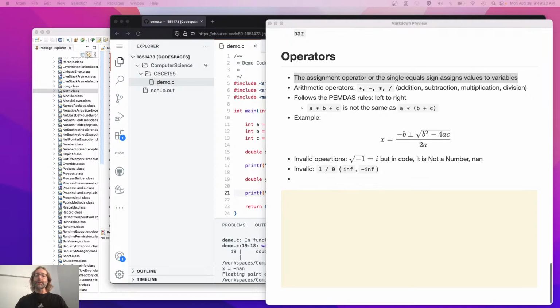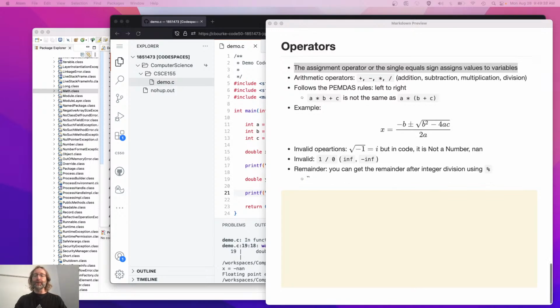Let's look at another operation, remainder. So you can get the remainder after integer division using the percent sign. And what do I mean by that? Well, let's just go ahead and take a look at some examples here. What if I said 10 divided by 3? So this is division.